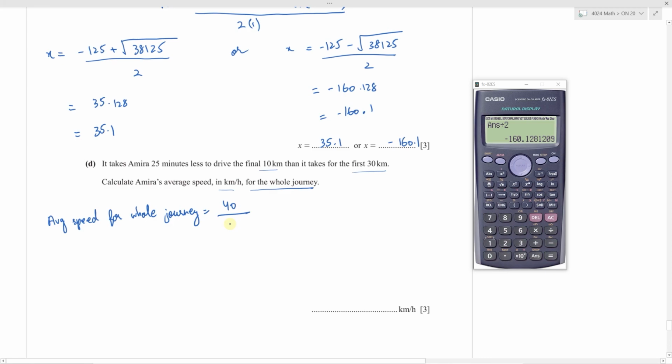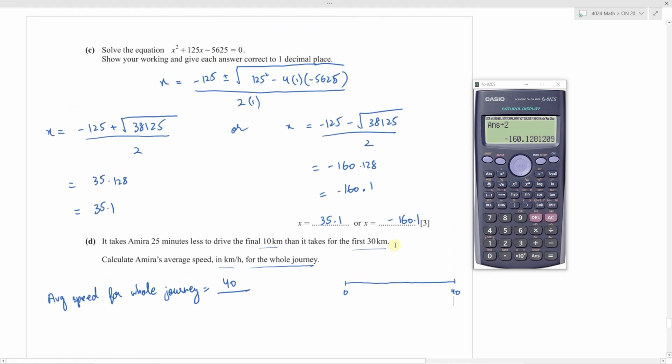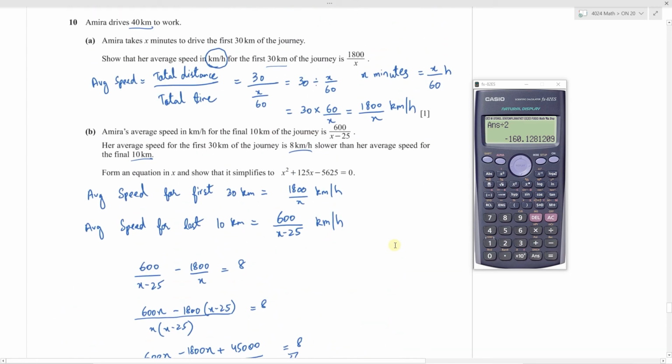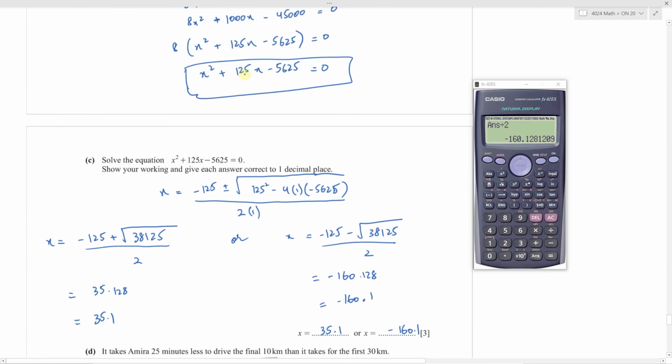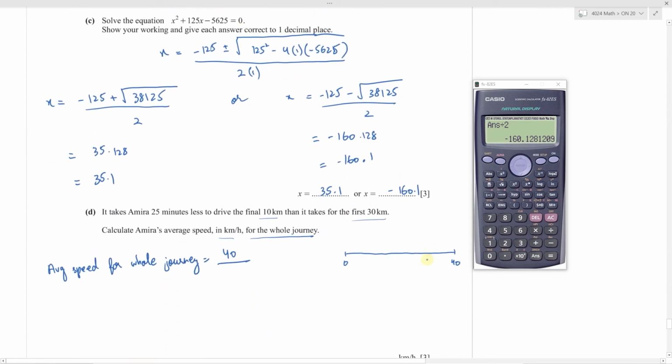So now you first need to calculate the total time for the 40 kilometers she travels. So 0 to 40. And for the first 30 kilometers, in the first part, it was given that she takes x minutes to drive the first 30 kilometers. So if you go back down, let's mark 30 here.